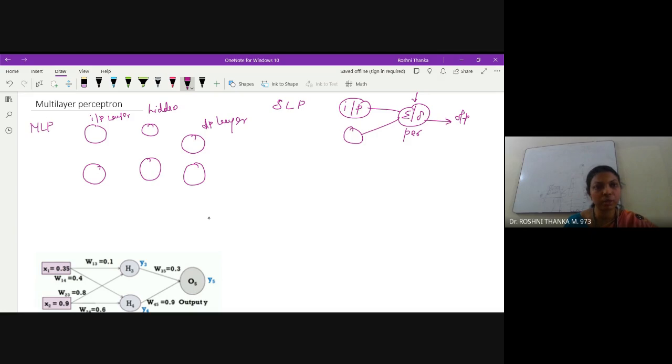So how does this look? This input will be given to both perceptrons, and this input will also be given to both perceptrons. For example, this is the x1 attribute, this is the x2 attribute.